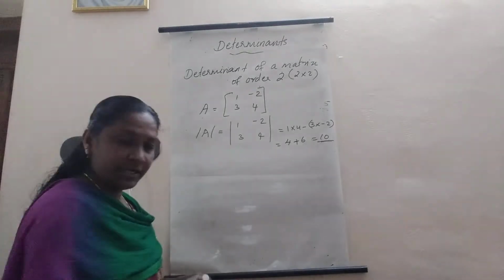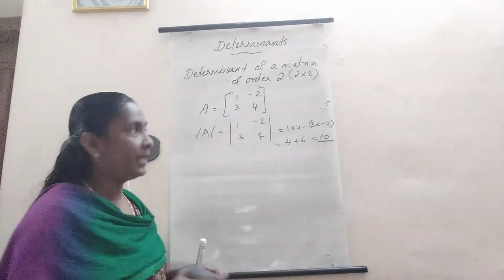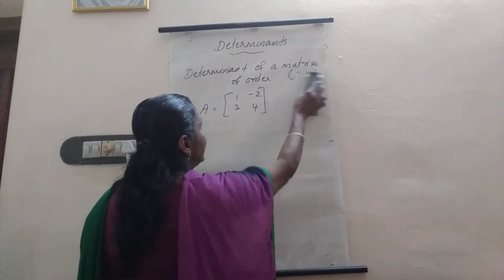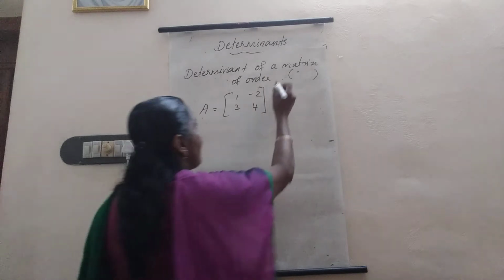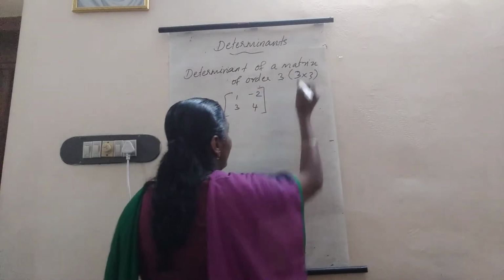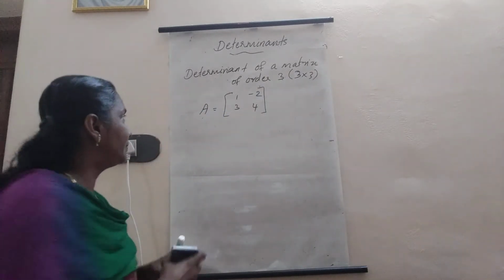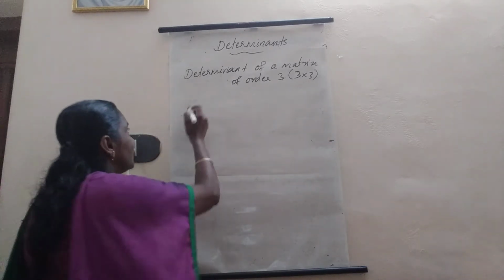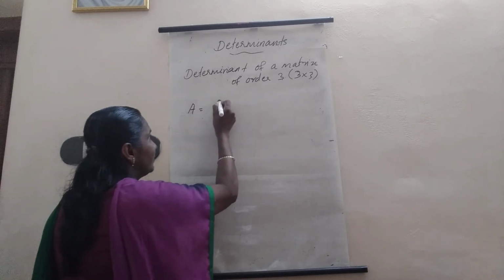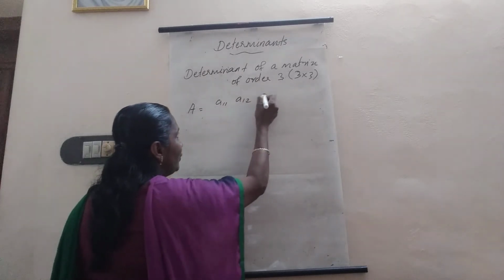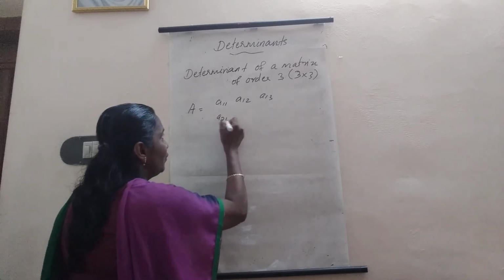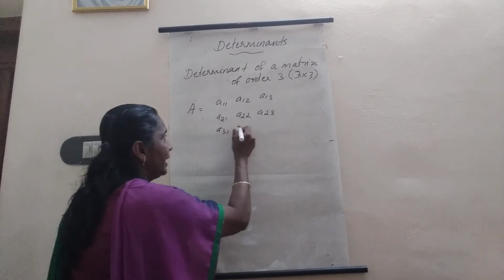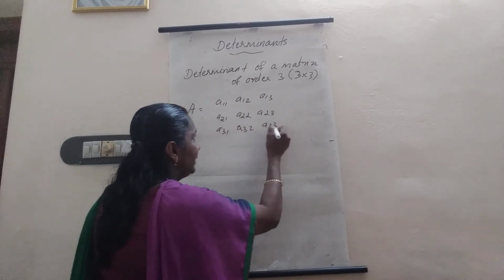Then determinant of a matrix of order 3. That means 3 by 3 order matrix. First we can consider a general example. Let A be the matrix A11, A12, A13, A21, A22, A23, A31, A32, A33.